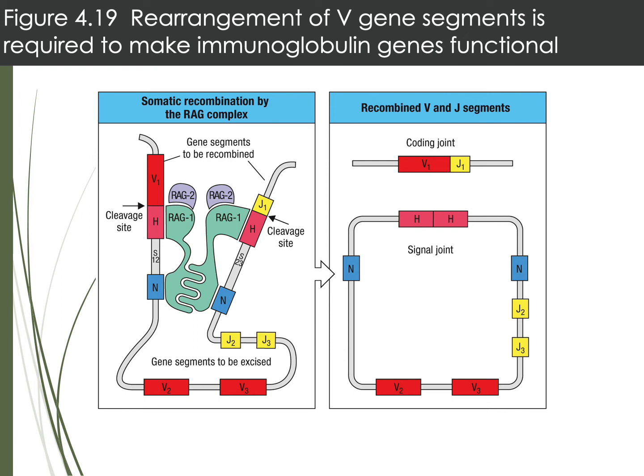So that signal joint, or what they're calling the signal joint, is going to be removed, and depending upon which variable regions and which joining regions are being used in the coding joint, it changes how much DNA is being removed, what gene segments are being removed, okay? So again, this is just showing you, okay, we're not going to use variable 2 and 3, so that's being removed from it.